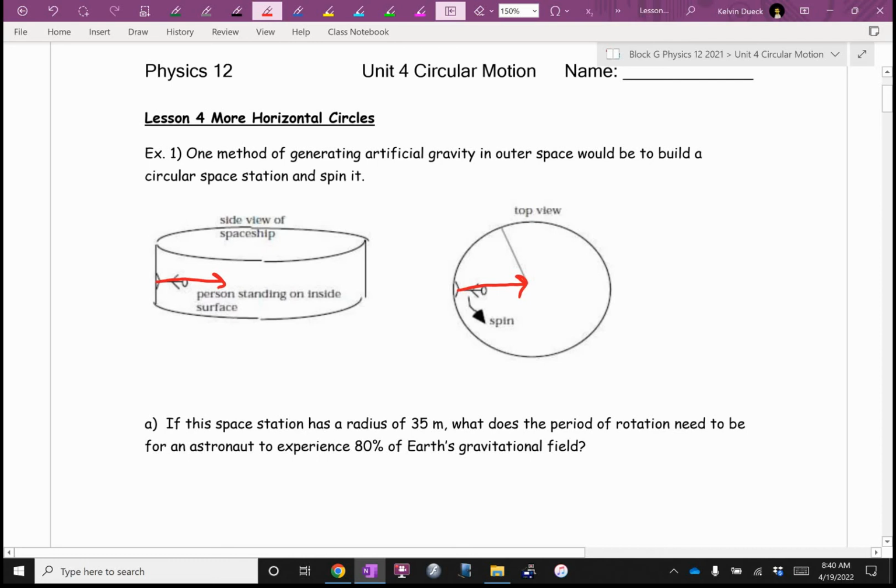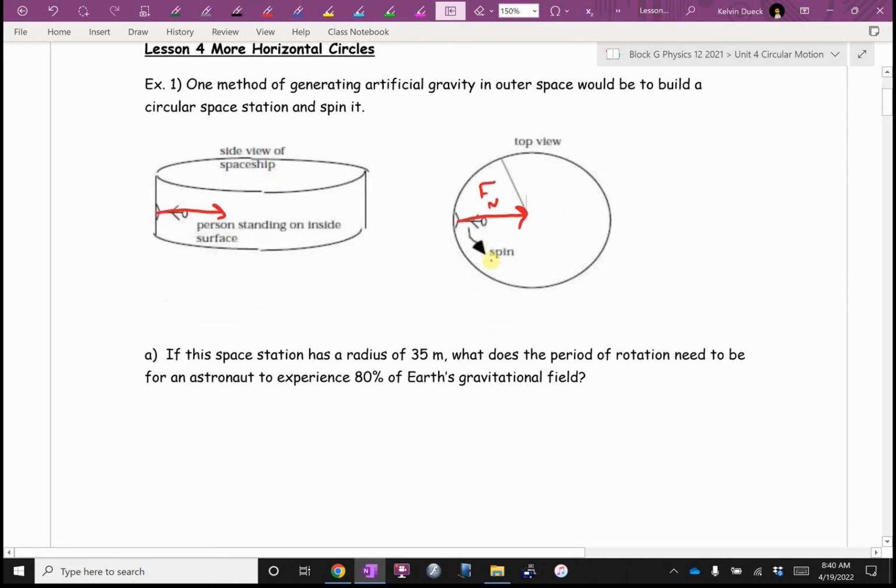It's a normal force. It's the ground pushing up through this person's feet. In fact, as an equation, what we have is the normal force is what's pushing us in a circle. Fn equals mac.